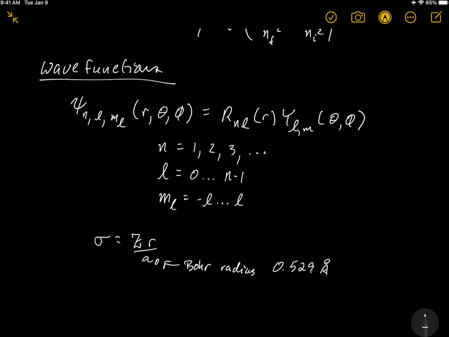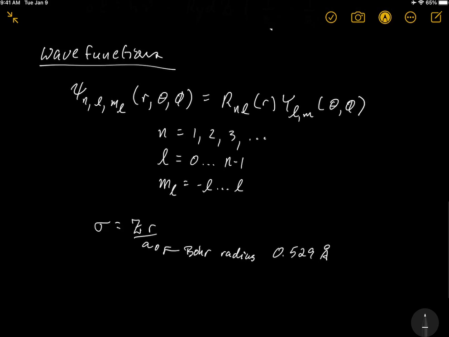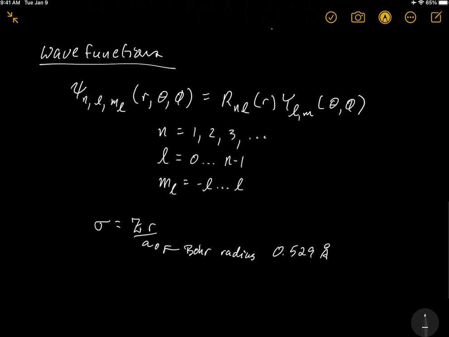And so when we take the radius and divide it by the Bohr radius, that gives us a simplified expression for the radial part of the wave function, and it also allows us to define wave functions for different values of Z, where Z is the nuclear charge.